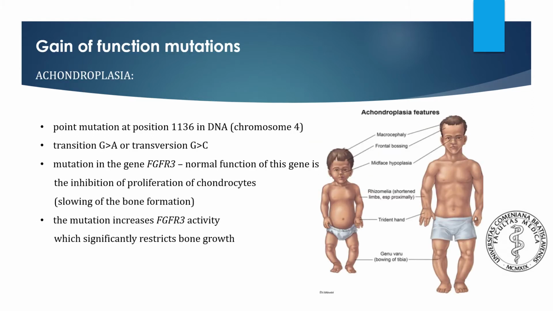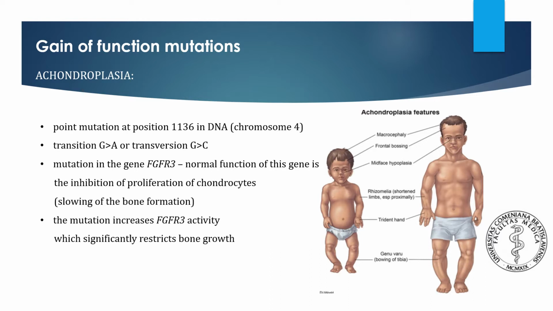And we can see here the very first example, which is achondroplasia. Achondroplasia is an autosomal dominant genetic condition, which is very famous, probably the most famous cause of dwarfism. We can see it, for example, in Lannister in Game of Thrones. And it is basically a point mutation at position 1136 in chromosome 4.